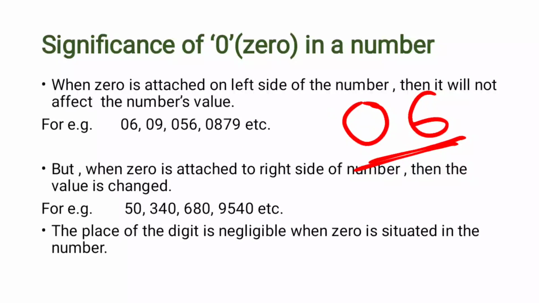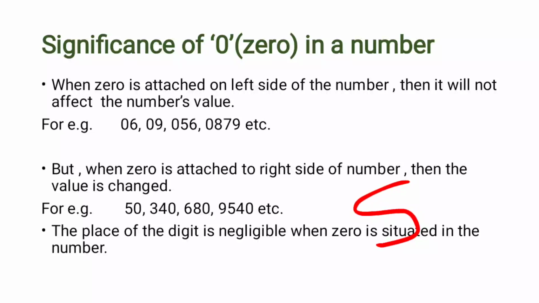But in the next property, when 0 is attached to right side of any number, then the value is changed. Change means here are examples like 5, 0. Here 0 is added to the right hand side, but when we are adding to left hand side, no change in the number.